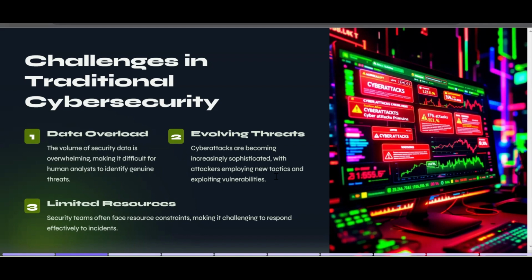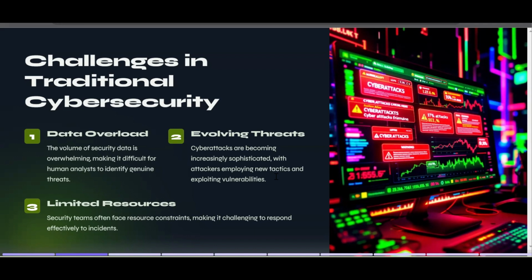And we need to combat this using AI in cybersecurity. There are various other threats apart from phishing. Phishing is one of the examples, but there are hundreds of other threats which are getting more and more complex in nature.